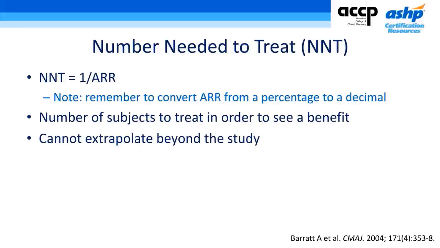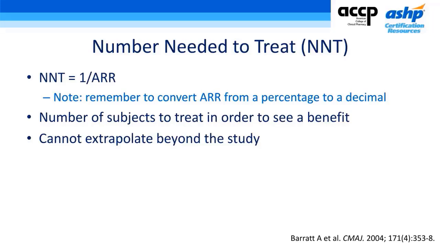The last question asked us to calculate the number needed to treat. As I mentioned, the number needed to treat is calculated using the absolute risk reduction. And so the mathematical equation is number needed to treat equals 1 over the absolute risk reduction.